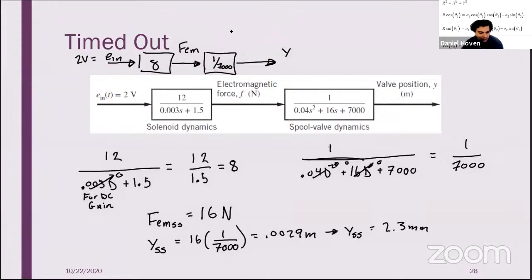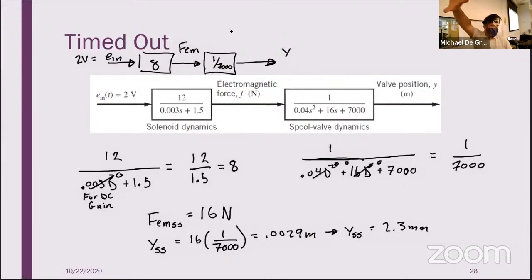Looking at the steady state block diagram, what is the DC gain for the entire system? 8 over 7,000. And guess what? If you multiply 2 times 8 over 7,000, what do you get? 16 over 7,000, which is going to give you 0.0023 meters.